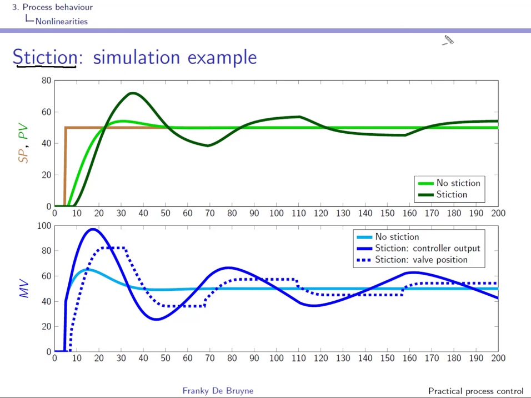So you have a process, right? And in front of the process you have a valve, and this process is being controlled using a PI controller. It might be derivative action, but in most cases not.